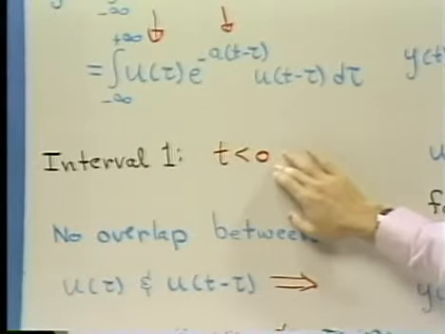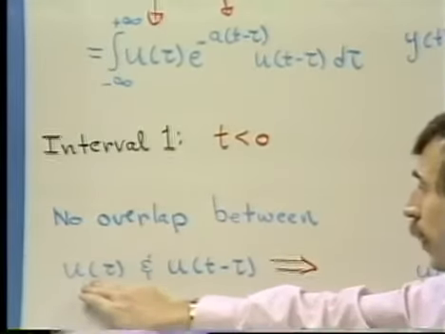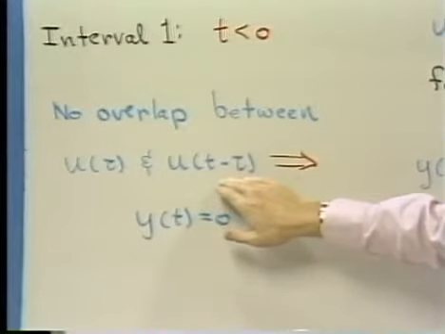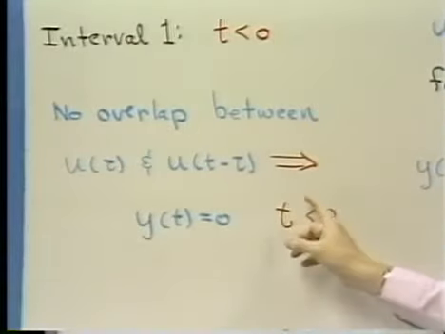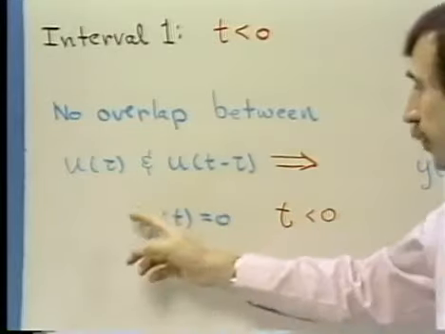So for t less than 0, there's no overlap between the unit step going forward in time and the unit step going backward in time, and consequently the integrand is equal to 0, and the output is equal to 0.